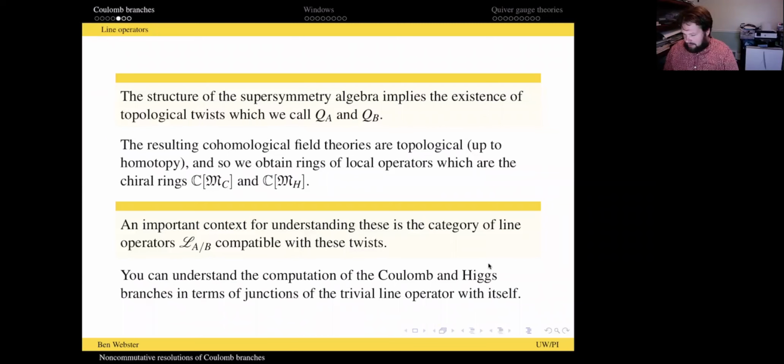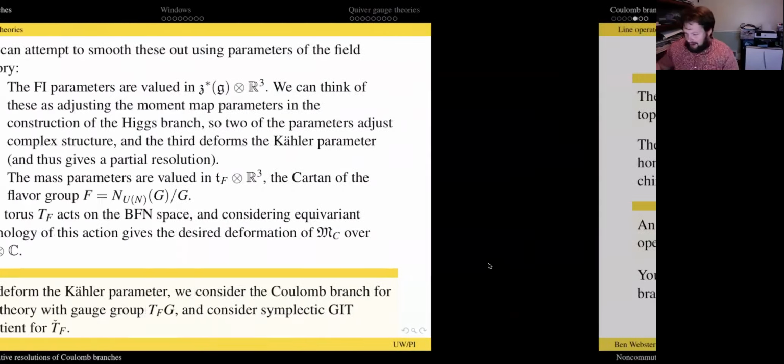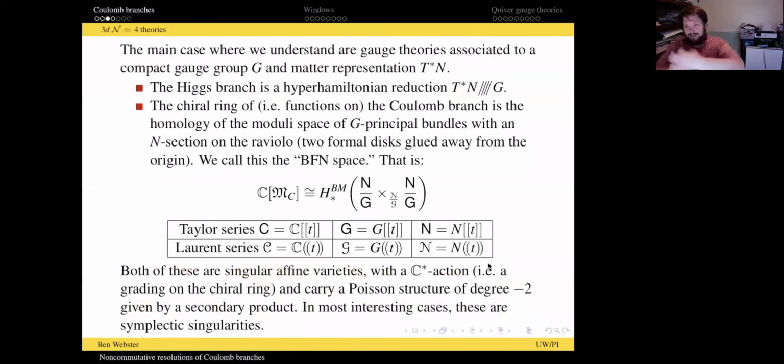Especially this construction of the Coulomb branch, you can really think of it as a computation: take the trivial line operator and the trivial line operator and look at junctions between those. That would be the same as local operators, but really this fiber product description is something about joining together two trivial line operators.